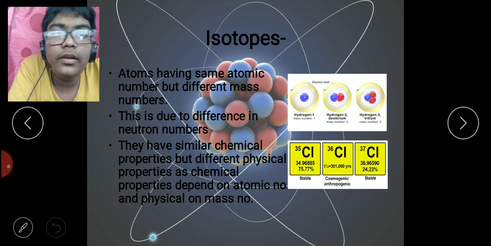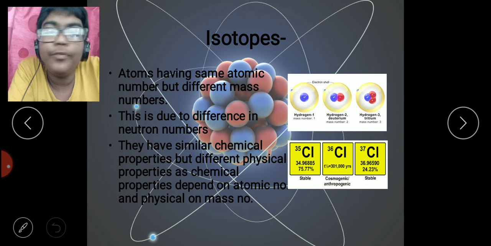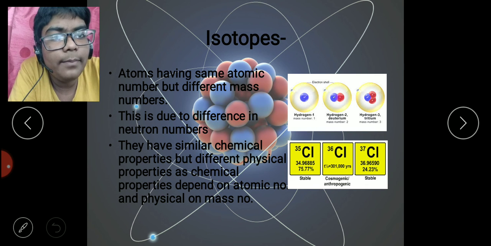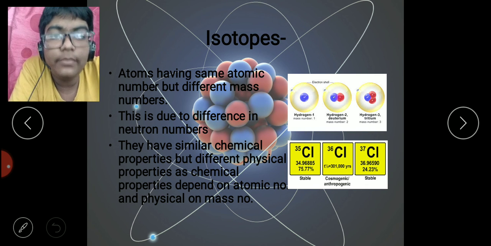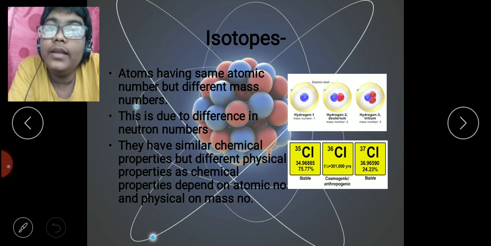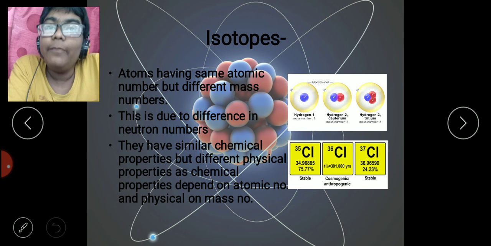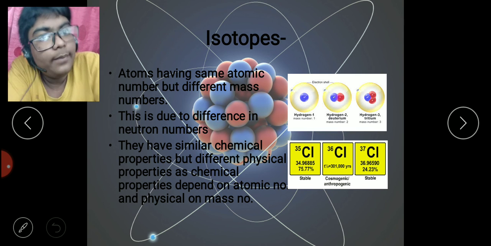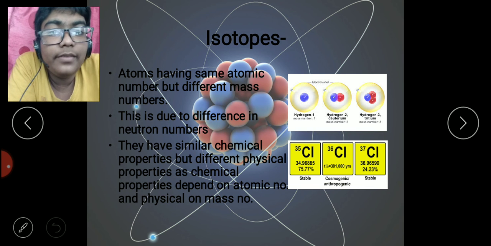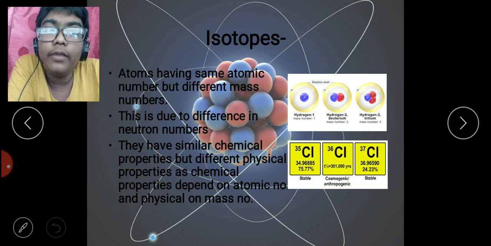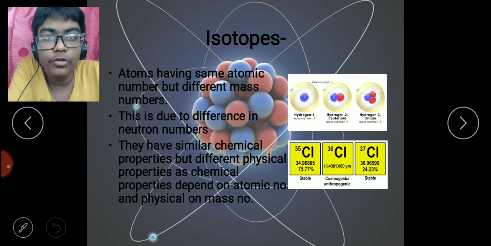This is due to the difference in neutron number, as I told you before. They have similar chemical properties but different physical properties. Why is that so? Because chemical properties depend on the atomic number while physical properties depend on the mass number. As the mass number varies due to the number of neutrons, you see these isotopes.